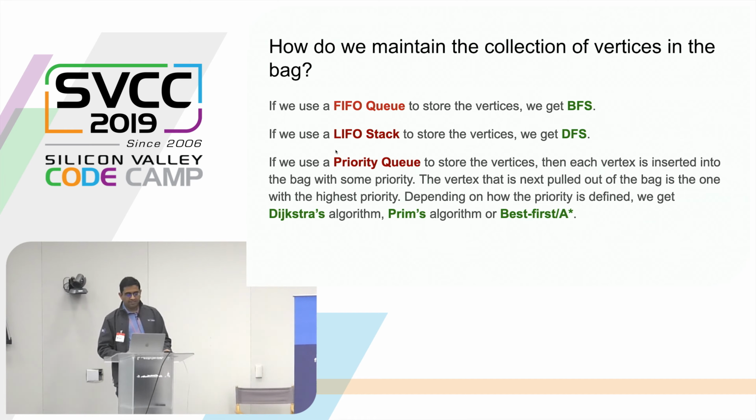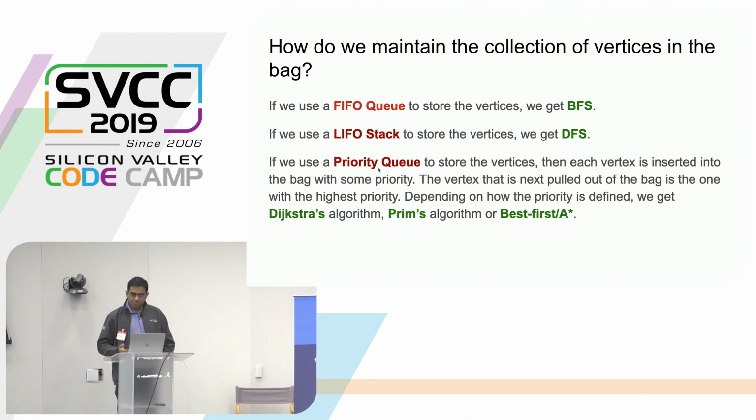If we use a last in, first out stack to maintain the collection of vertices, then the specific graph traversal algorithm that this becomes is depth first search, where the vertex that we're going to pull out next was the one that was added most recently to the bag.